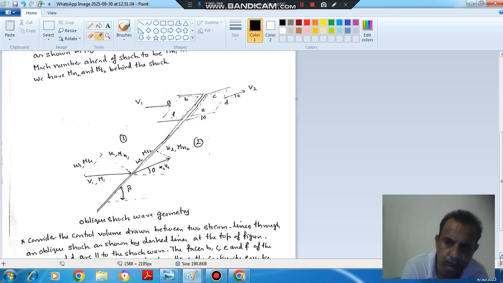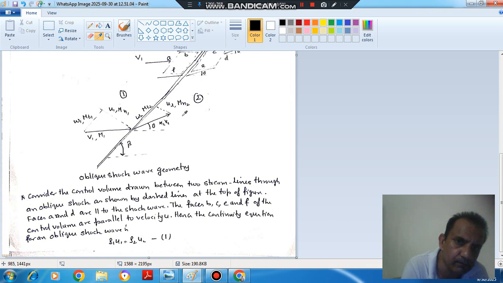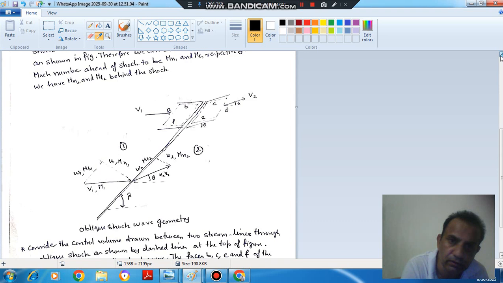So here, if we consider the continuity equation across the shock wave, we will take the perpendicular component, that is u1, because this is parallel to shock wave, and the perpendicular component to the shock wave before shock is u1, and here also the perpendicular component after shock is u2, and all other components will not contribute to flow across the shock wave.